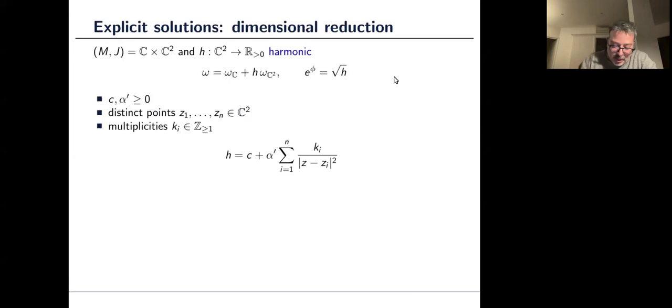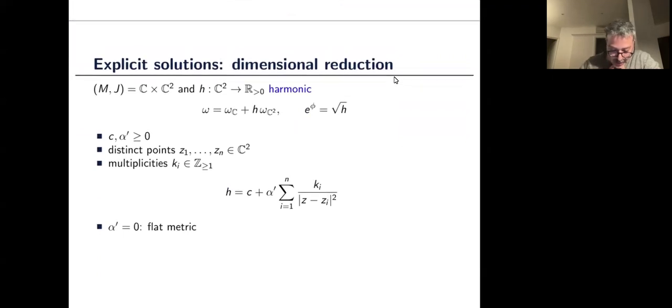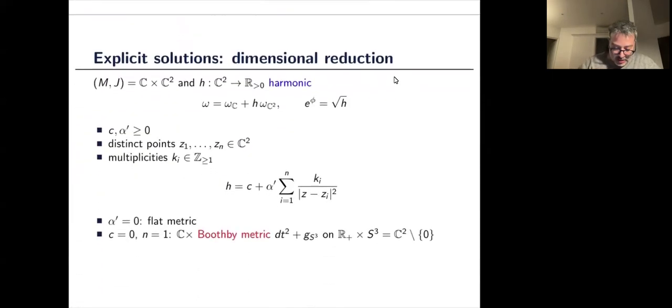So we have some non-negative constant C, some other constant alpha prime, and a bunch of distinct points on C2, and I can allow some multiplicities if I want to consider points coalescing. Now, what happens with this metric? First of all, if this parameter alpha prime is zero, then the metric is just flat, so it's Kähler Calabi-Yau.